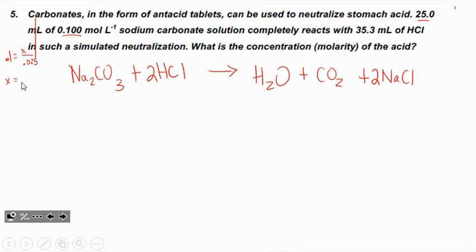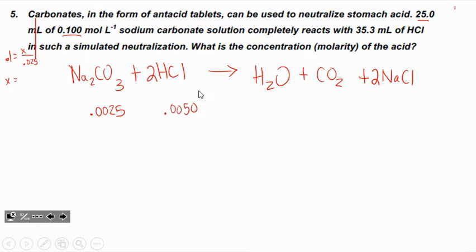So 0.025 times 0.1, and yes, it is indeed 0.0025 moles. And then for that, we need to take this amount and bring it over using the mole ratio. So that means that we need 0.0050 of our hydrochloric.